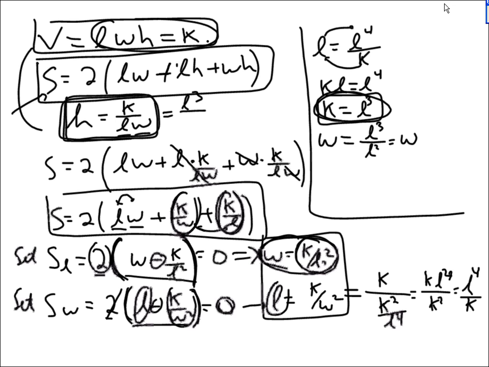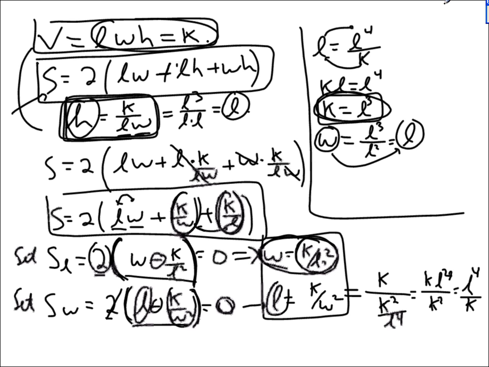L cubed over L squared is L. We have that W is L. So we concluded that H equals L and W equals L.